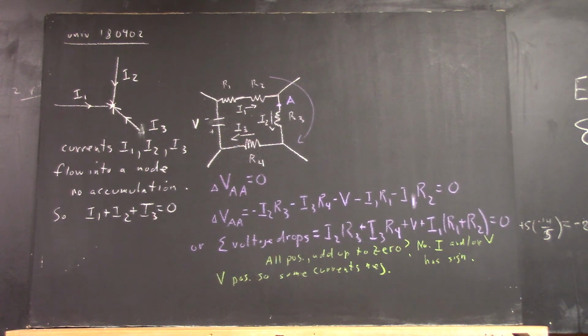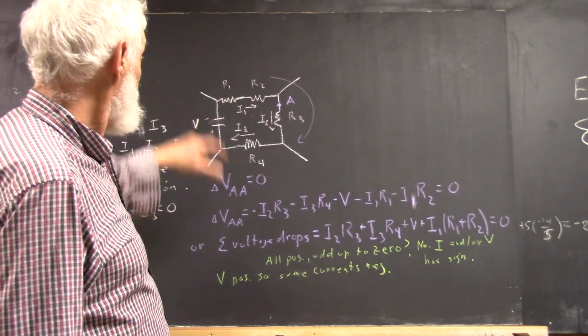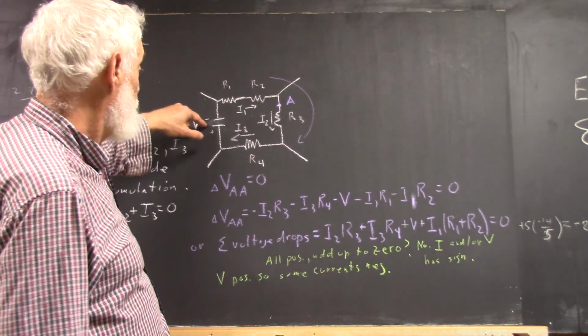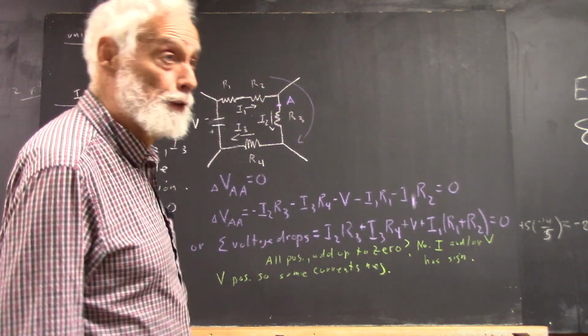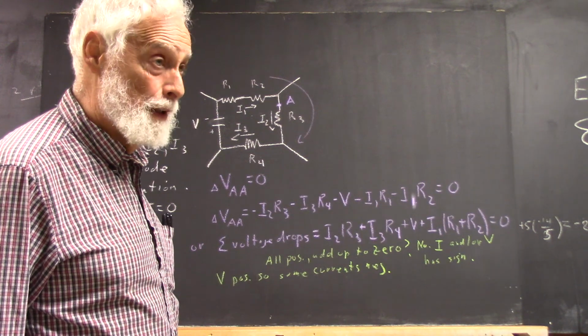See, I chose all the currents being positive, right? Well, if there isn't anything else in here, you know that the current's going to be in this direction, and all those currents are backwards, right?